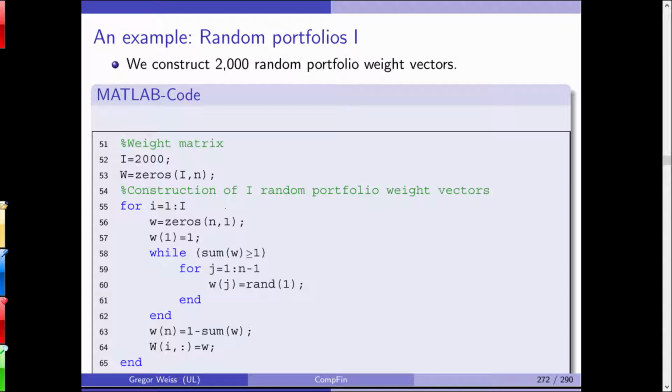For I equal to 1 up until 2,000, small w is again a vector of zeros. And while sum of W is larger than 1, for J from 1 to n minus 1, W at index J is rand. Rand 1 gives you one random number between 1 and 0. I might have mentioned this.